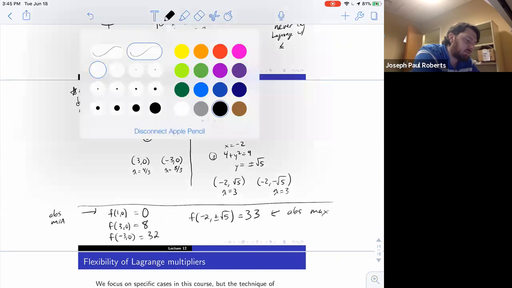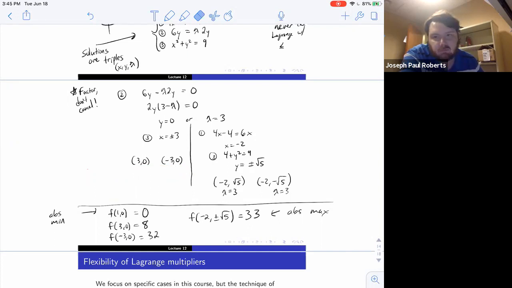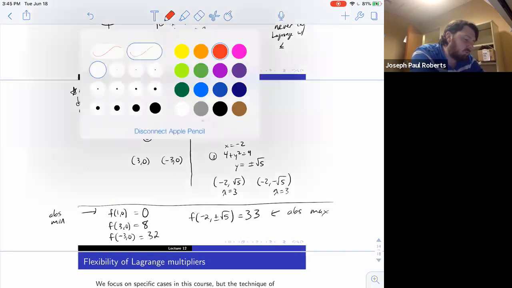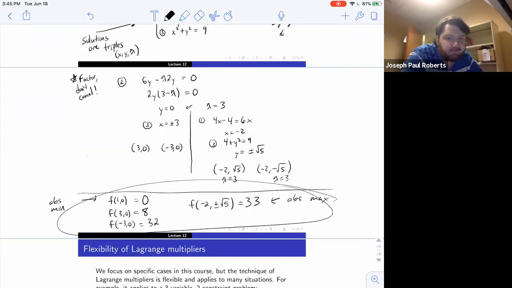And so notice, we didn't really care about this. So if it happens that you are solving and you're able to get your x and your y values before you get your lambda value, there's no sense in worrying about what that lambda is. It's important that there is one, but it's not important what it actually is because we didn't need to know lambda for this final step.